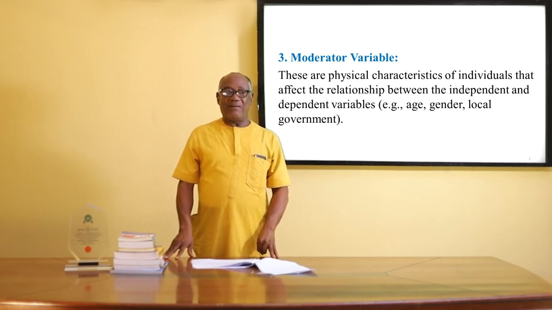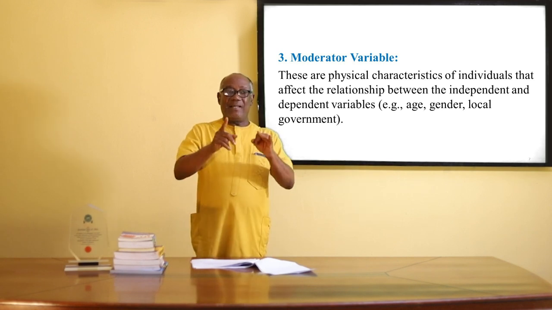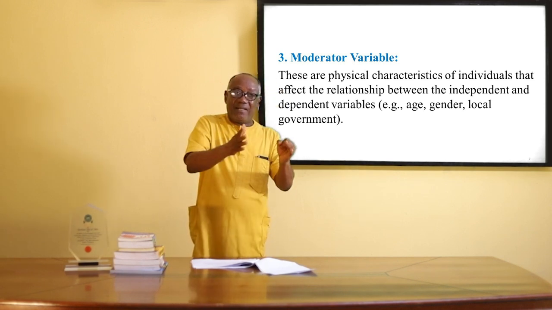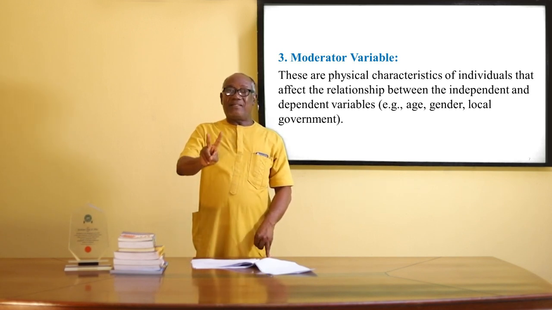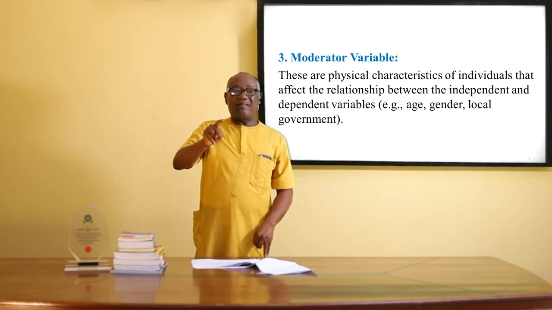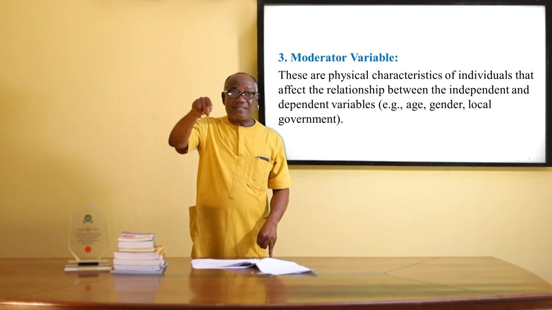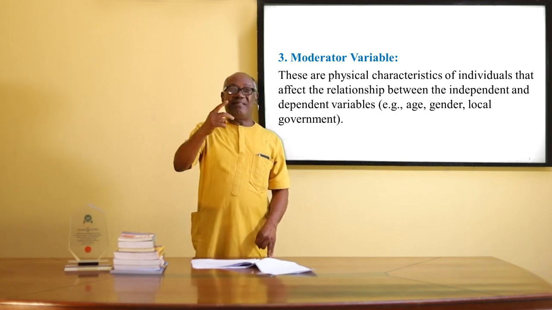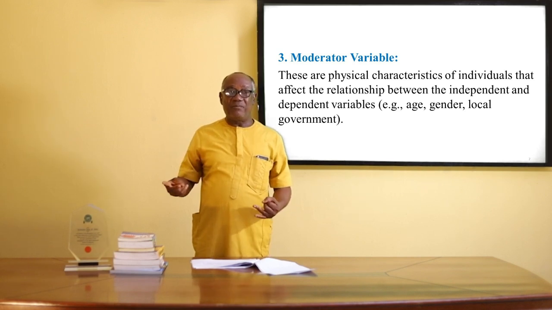Let me use another example. Gender. You can see a man, a girl, a female student different from a male student. Now, if you had looked at it that students' gender can influence the independent variable, then gender becomes a moderator variable.